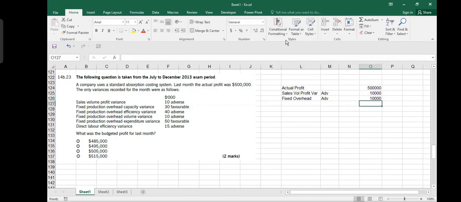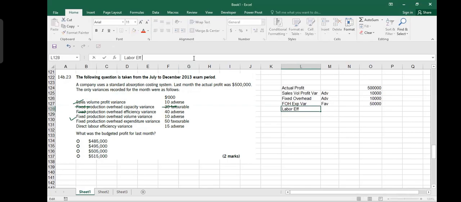So what I've done, this we did. Capacity we just will ignore. We don't need it. Efficiency we will ignore. These two we have written. And then we do fixed production overhead expenditure variance, 50 favorable. This is your favorable, and it is 50,000. So favorable you will subtract. And then you have direct labor efficiency variance.